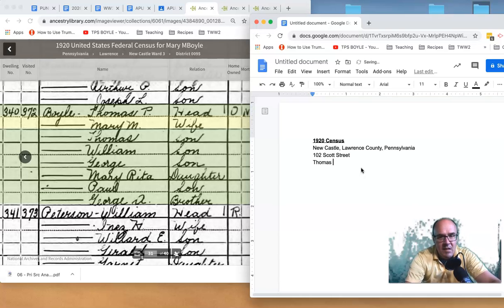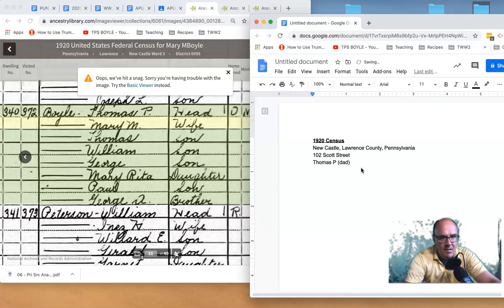So you have Thomas P., dad, Mary M., mom, and then you have a son named Thomas, son named William, son named George, a daughter named Mary Rita, a son named Paul, that's the fellow we're looking for, and a brother, George A. Now, when it says brother there, instead of son or daughter, it's a brother of Thomas P.